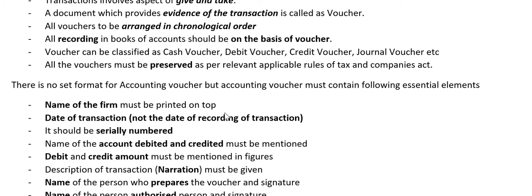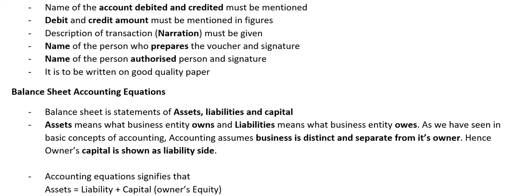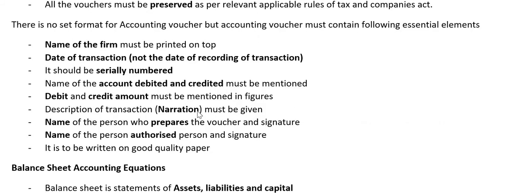The voucher must mention debited and credited accounts, and the debit and credit amounts must be mentioned in figures. Description of the transaction, whatever transaction happened, is to be described. That is called narration. Narrating about the transaction is known as narration.